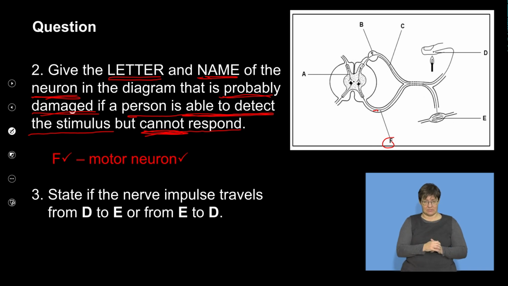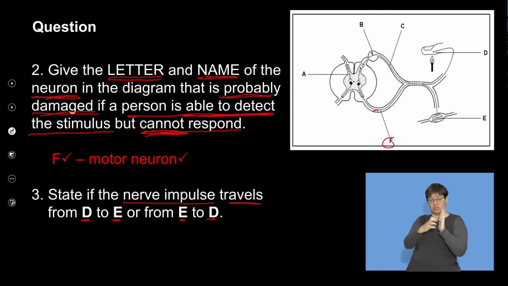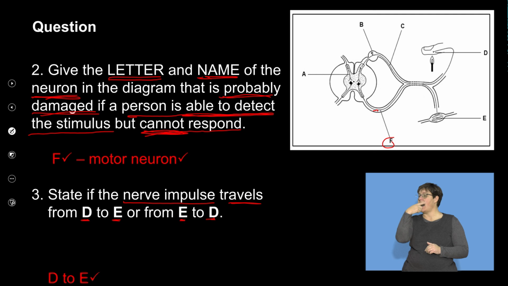Number 3, you state the nerve impulse that travels from D to E or from E to D. Then your diagram is key for you to look at the diagram before you answer the question. Then you're looking at D and E. Oh, from E to D. Let's see the correct answer.